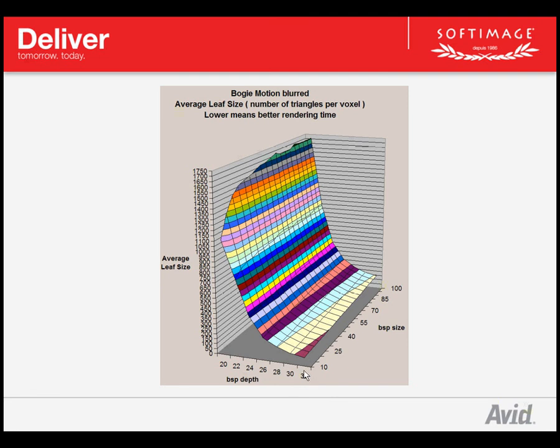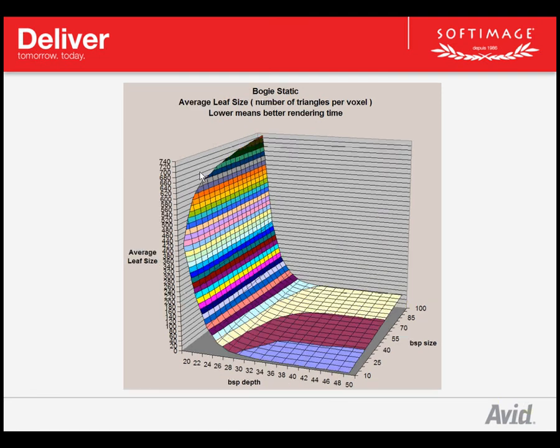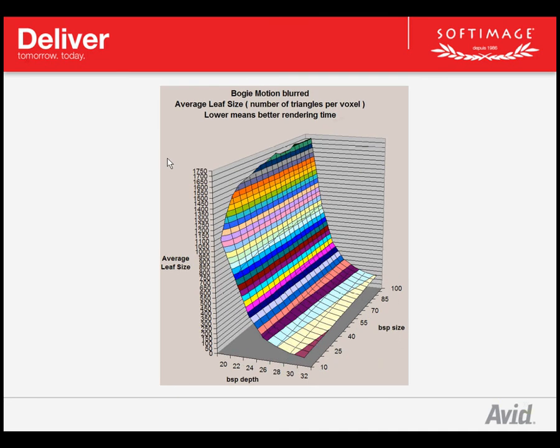Obviously, if you lower it here, you'll see that the average leaf size is much higher than the static version. So it's almost double. The reason is simple: these traveling triangles in space need to be recorded in each voxel. So the number of triangles being recorded in each voxel will increase because of these moving triangles.